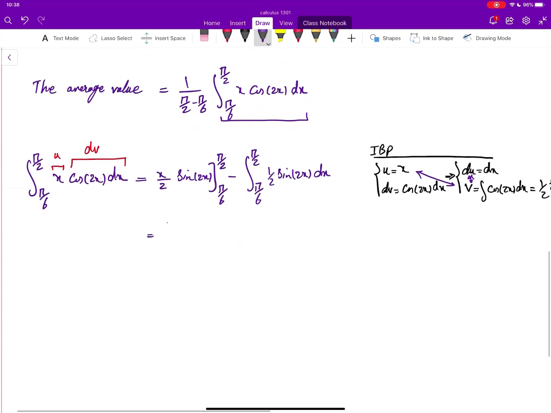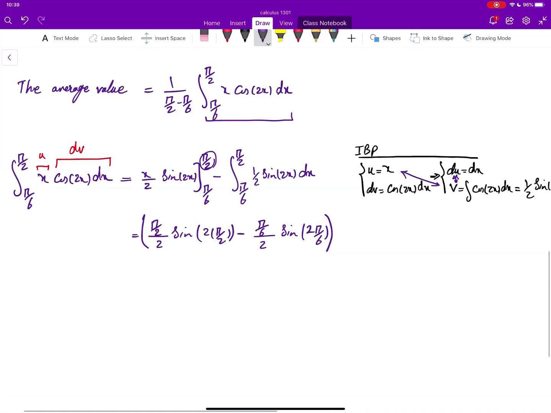Well, the first part means that, okay, I need to evaluate that there. Half of 2 times pi over 2 at the upper limit, then minus evaluated at the lower limit, 2 times pi over 6. That's nice.